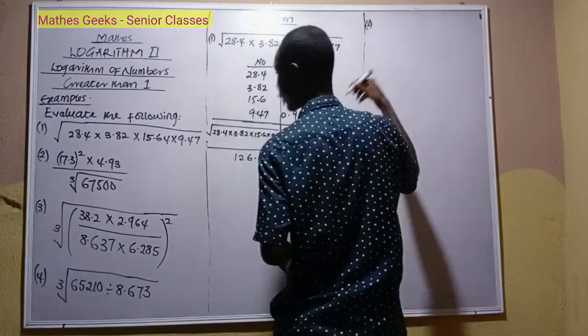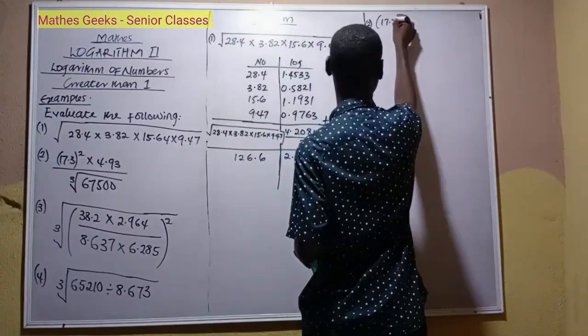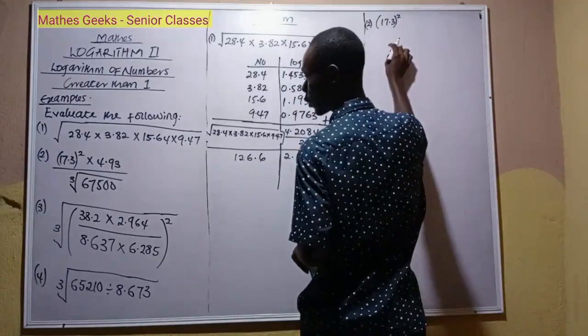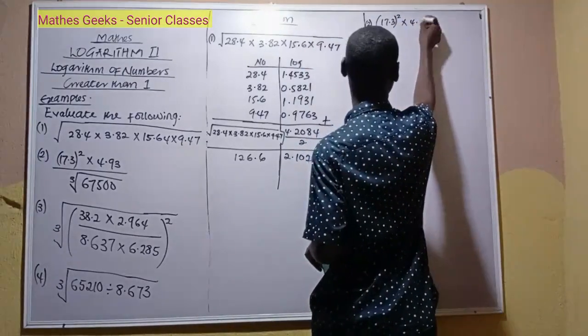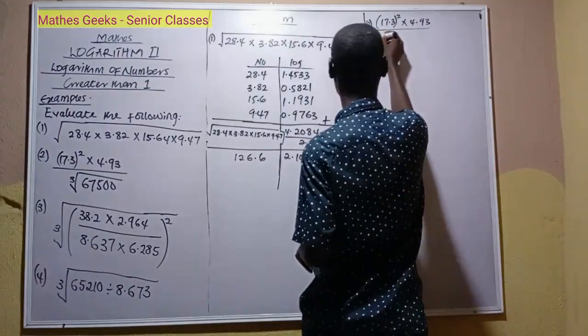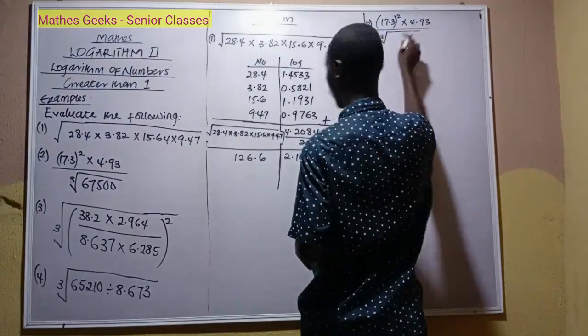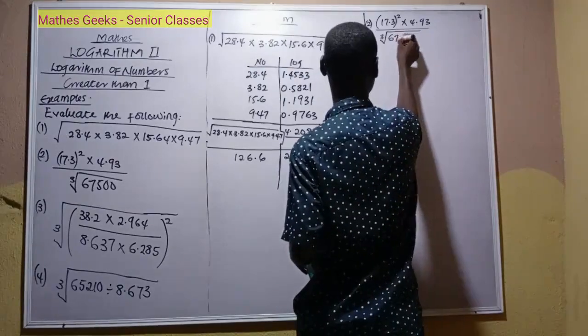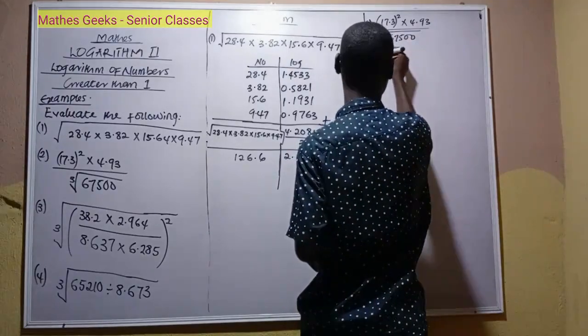Number 2: 17.3 squared times 4.93, third root of 67500.